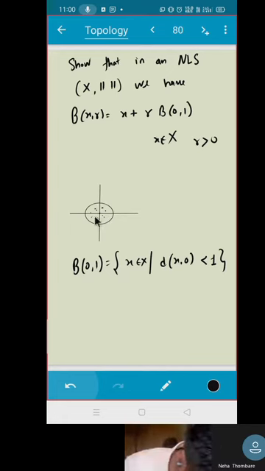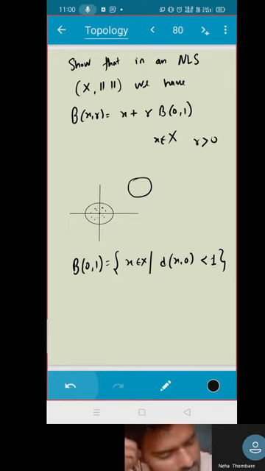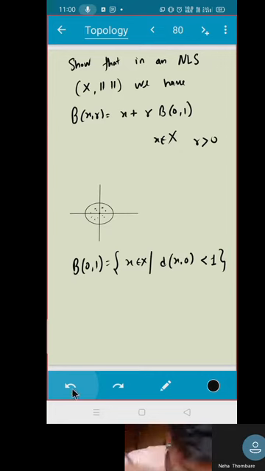If I multiply 5 with everyone, these elements will go somewhere else. Everybody will go somewhere else. Do you agree? Do you see that?